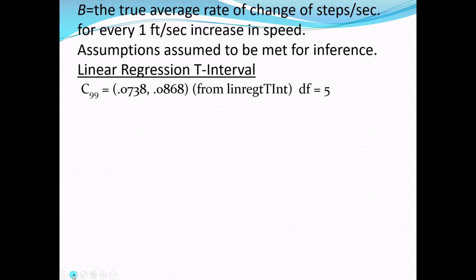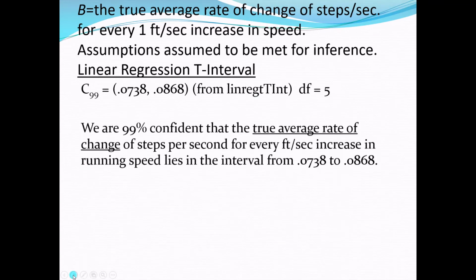And then we need the usual spiel, right? So we're 99% confident that the true average rate of change of steps per second for every foot per second increase in running speed lies in the interval from the 2 numbers that we got. That's a mouthful, but it's context, context, context, all right?